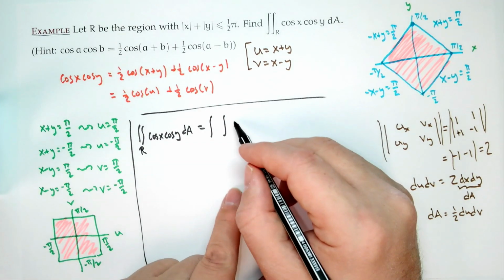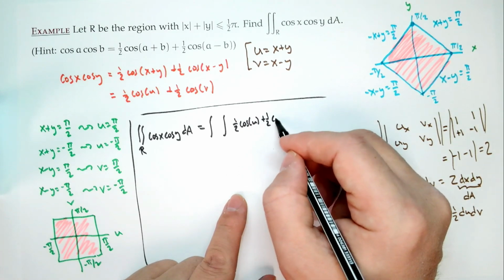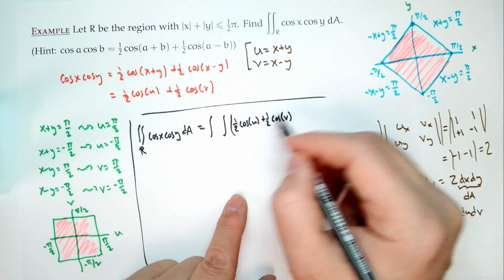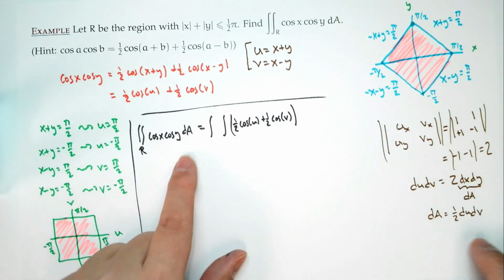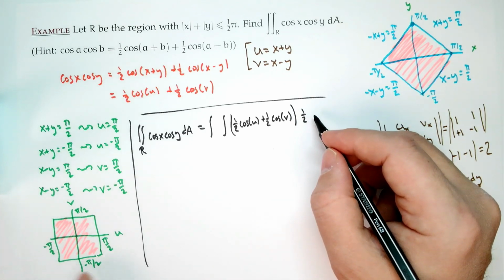Our function is 1/2 cosine of u plus 1/2 cosine of v. So there's our function. Our dA is 1/2. And now we have to say du dv.